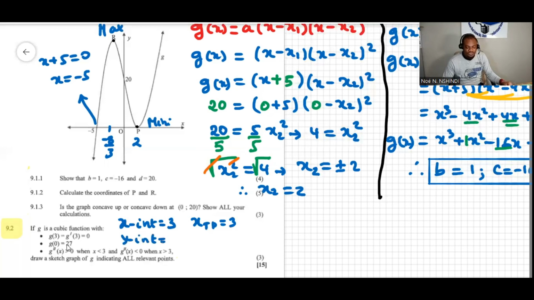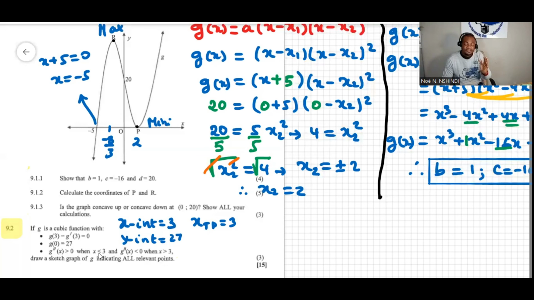y-int equal to 27. Okay, and then the question says that the second derivative is greater than 0 when x is lesser than 3. So this means the function g is concave up when x is lesser than 3, in that interval from negative infinity to 3.